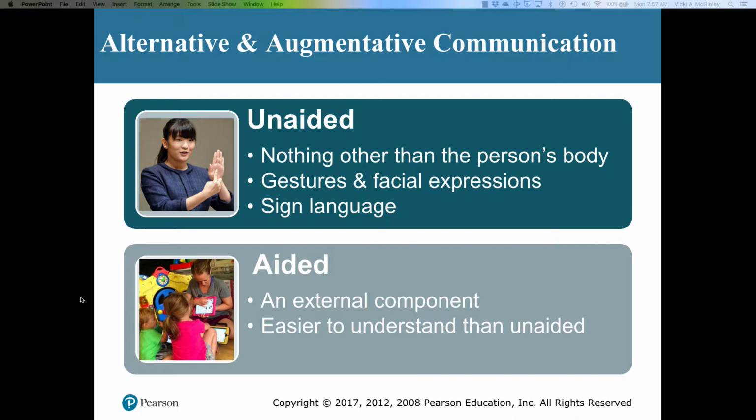You will not really connect the sign for milk to that particular event or experience in life. And sometimes gestures and facial expressions are cultural, so we may not all be able to use unaided or understand it, and for children with physical disabilities, unaided may not be an option. But then we have aided systems, which, as it states here, have an external component, and they can be easier to understand than unaided.